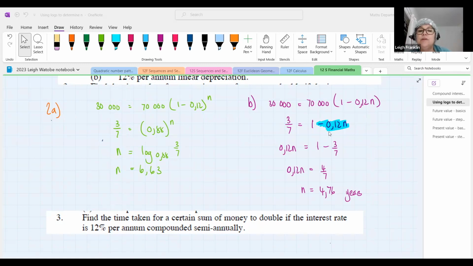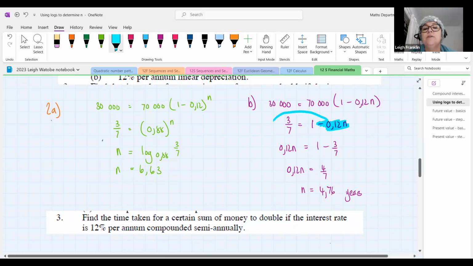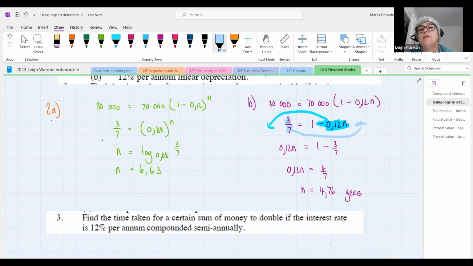Maybe it's so easy it's difficult, Kotwano. I just took the negative 0,12 over to the other side, and then I moved the 3 over 7 over to the right. So that went this side over here, and this value over here came to that side.